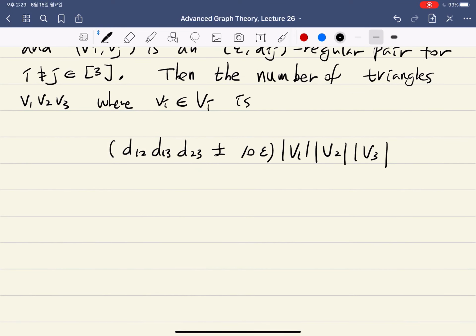And with this, we can prove the triangle removal lemma.